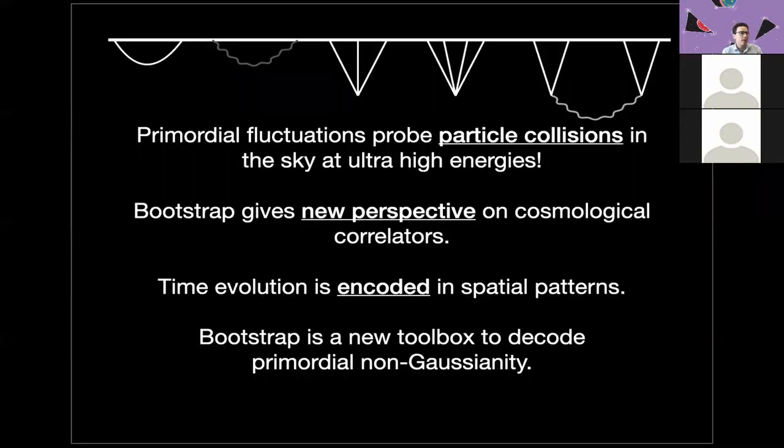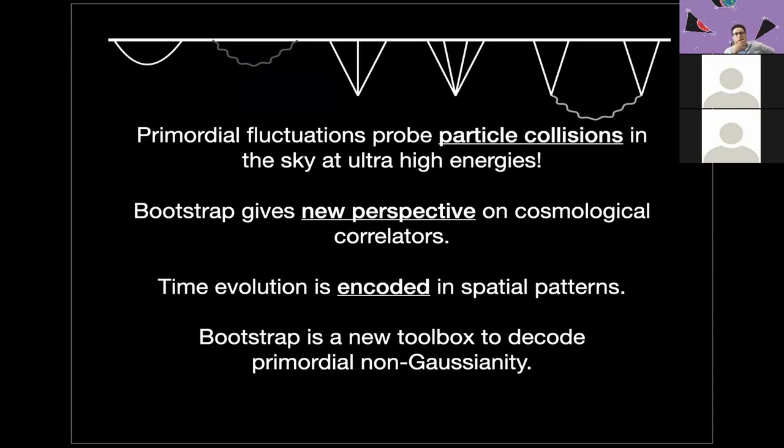So I'll stop here. The early universe, the primordial fluctuations are really our rich source of information about, perhaps our only source of information about what happened at the beginning of the universe. They probe particle collisions at ultra high energies. And this bootstrap is conceptually, I think, a new perspective and also practically extremely useful.